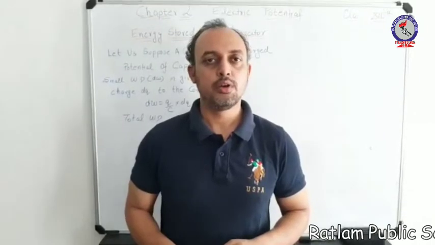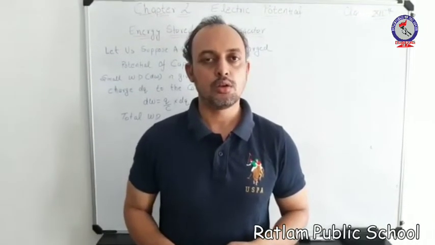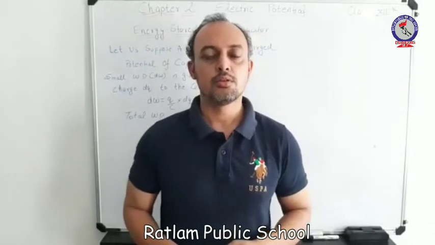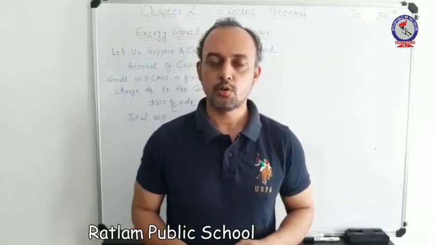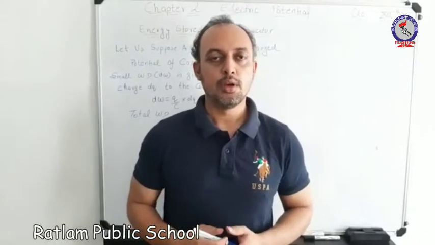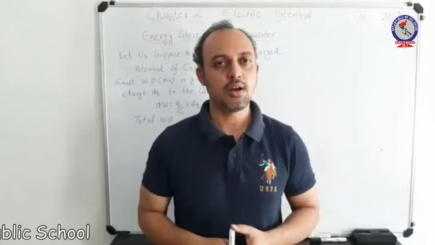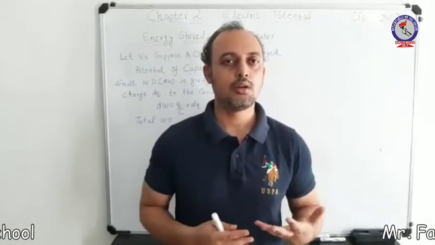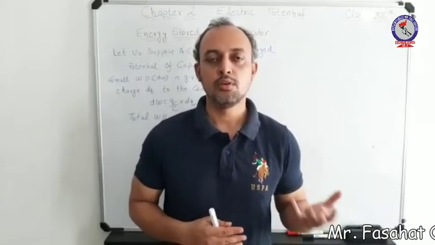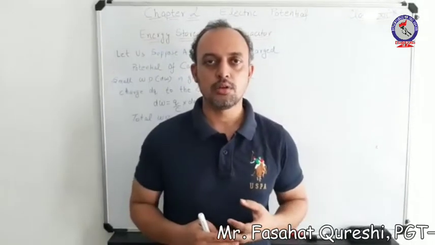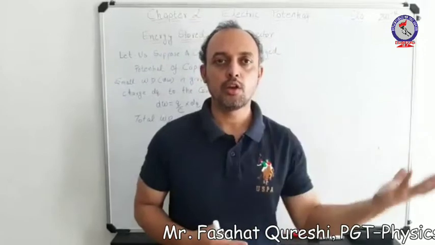In this section of my video, I will be going through the logic and concept of energy stored in a capacitor, which is a topic of chapter number 2. Now, the main concept behind storing of energy in a capacitor is that if you imagine that there is an external agency which is extracting an electron from the positive plate of a capacitor and depositing it on the negative plate.